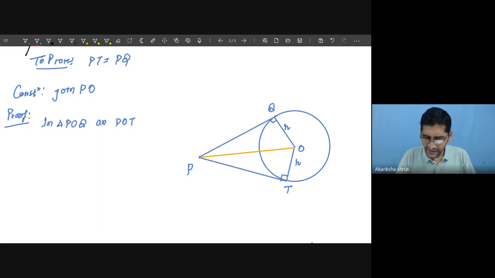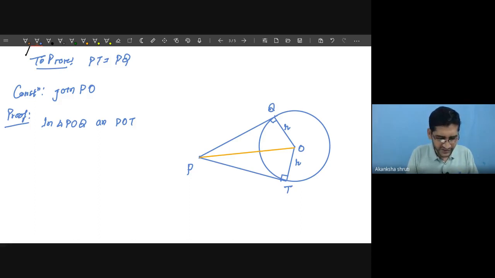Another one is what? PO is common to both triangles. Why? It is visible from our construction. So the criterion of RHS is satisfied here. So by RHS, the two triangles become congruent.